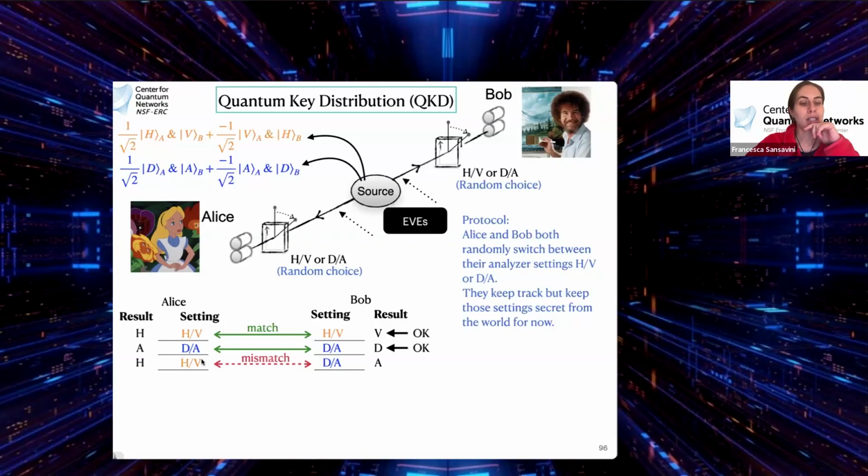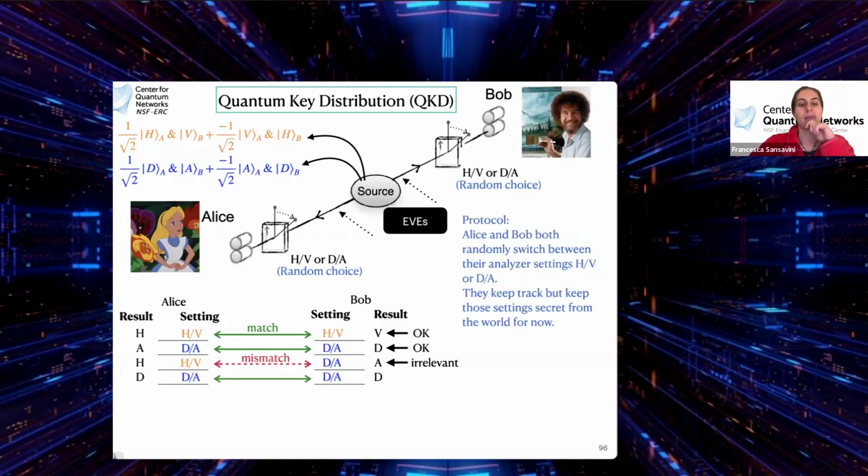Let's say that Alice's result is H. So when Alice's result is H, we know that Bob's result needs to be V. V is a superposition of D and A. Bob is measuring with a DA analyzer, so he has a 50% probability of getting A, 50% of getting D. In this case, he gets A. So this is irrelevant for the purpose of quantum key distribution, so we will not use these results later on.